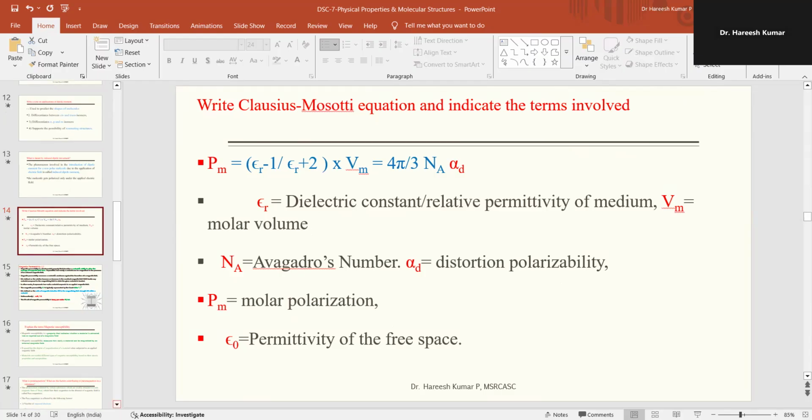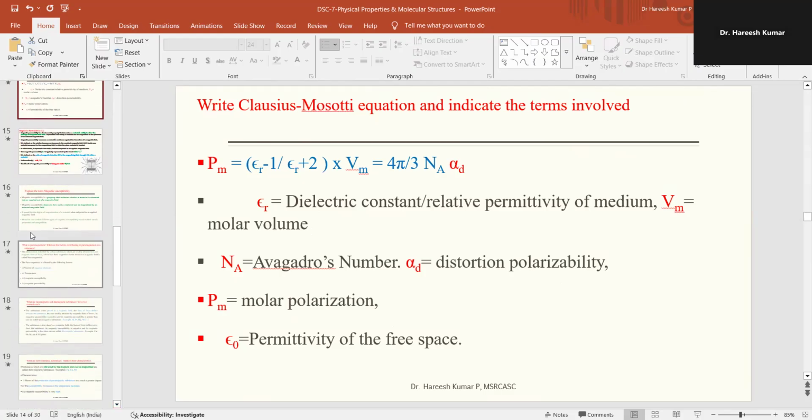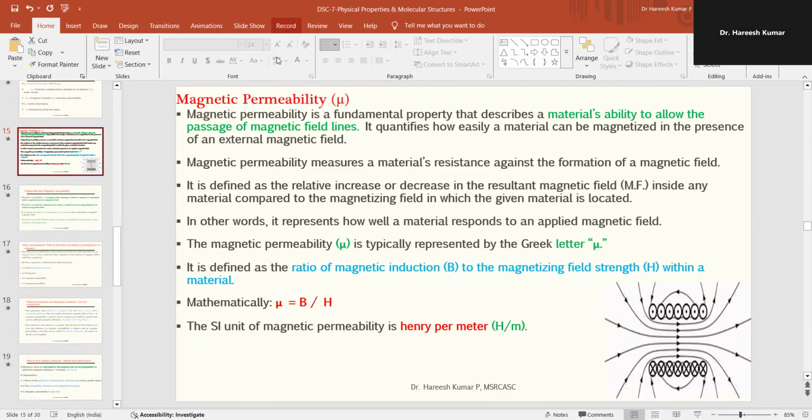Let's take one more question. Here, magnetic permeability. Magnetic permeability is the fundamental property that describes a material's ability to allow the passage of magnetic field lines. It quantifies how easily a material can be magnetized in the presence of an external magnetic field.